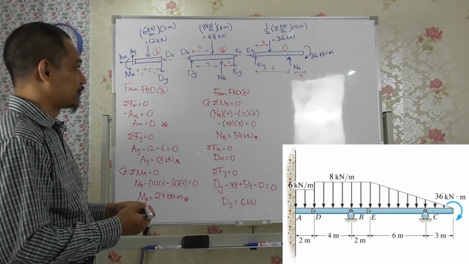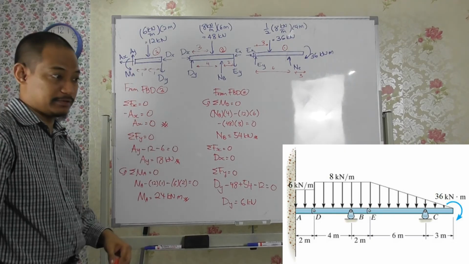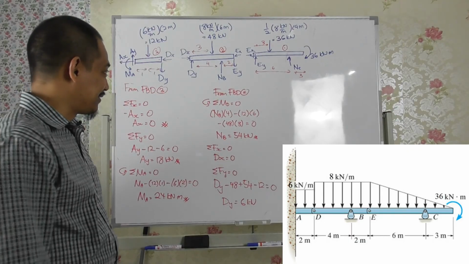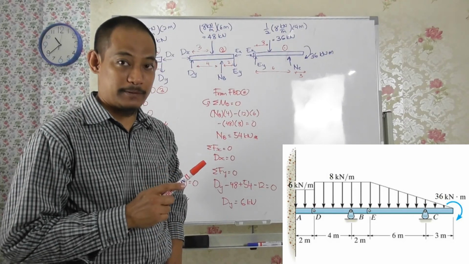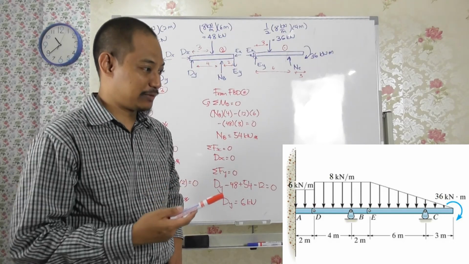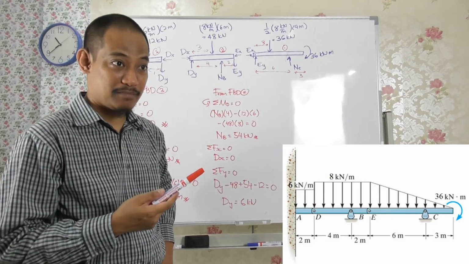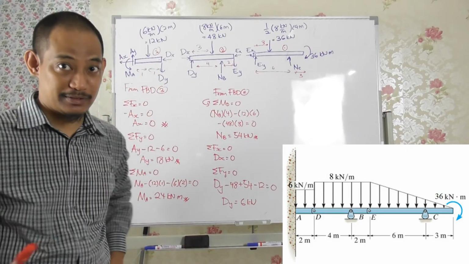So you have already solved NC, NB, and Ax, Ay, moment of A. Right, so I'm not sure if you noticed the frame question, even though it looks simpler, can be longer than machine problem in terms of the calculation, at least, right?